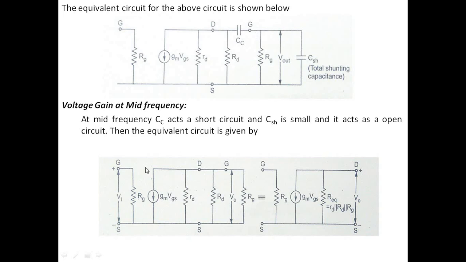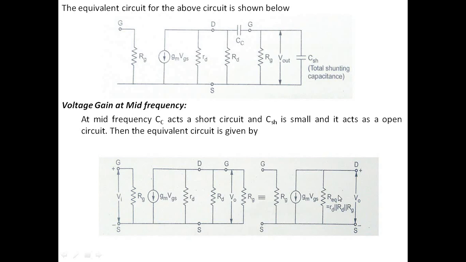Now all three resistances are in parallel: small rd, capital RD and RG. You replace all three resistors with a single equivalent resistance, R equivalent, which is equal to small rd parallel with capital RD parallel with capital RG.